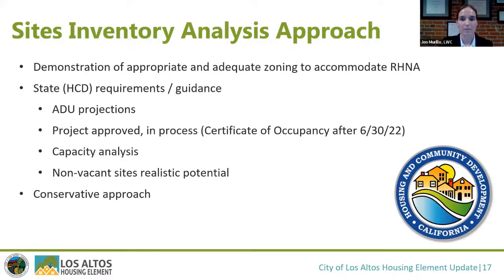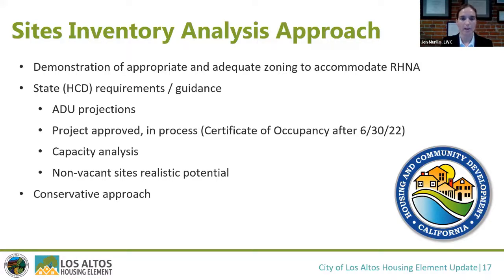So the site's inventory is a documentation, a demonstration of appropriate and adequate zoning to accommodate that RHNA. It looks at capacity, it looks at existing conditions. And state law does not require that the city construct the RHNA on the identified sites. It will still be up to property owners to determine future development proposals.